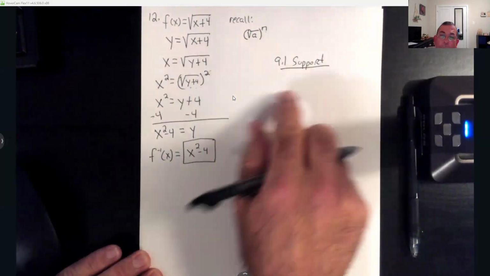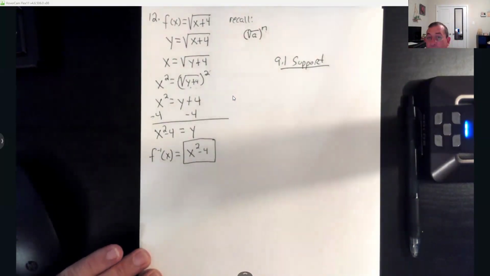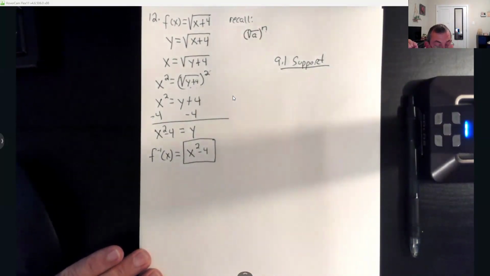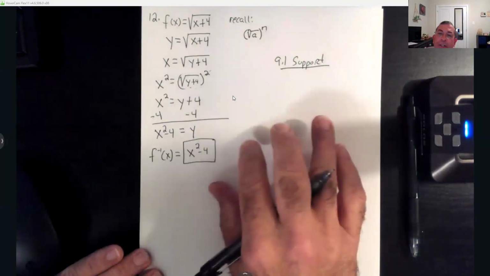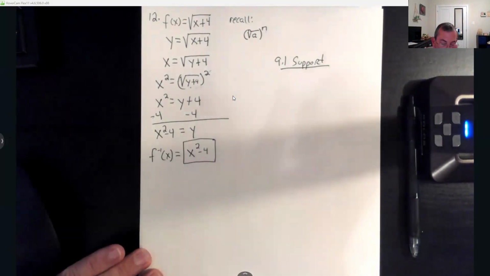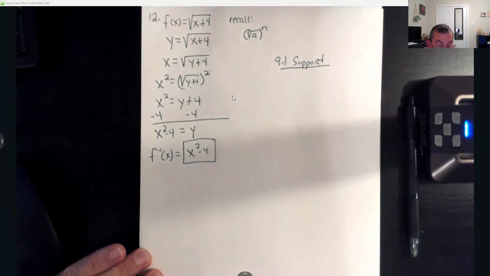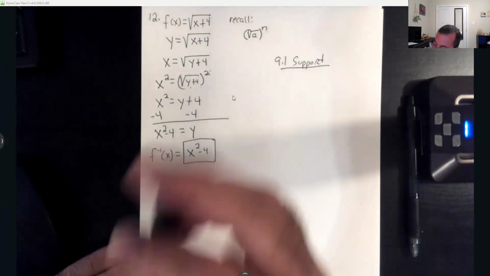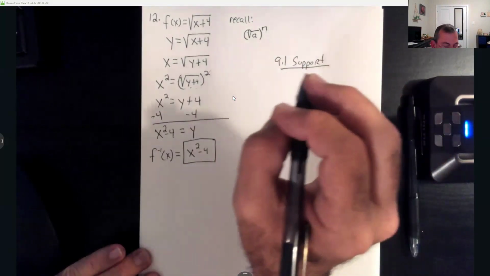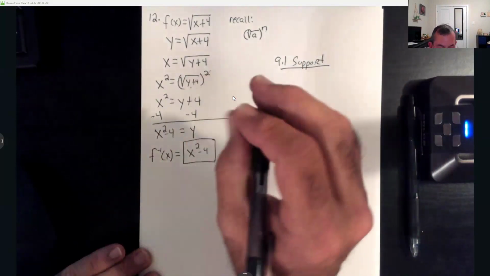But 9.1 support was more for the composition of functions. So this is just examples helping you find function values, okay? So I'll show you what one of these looks like, there's only two problems.